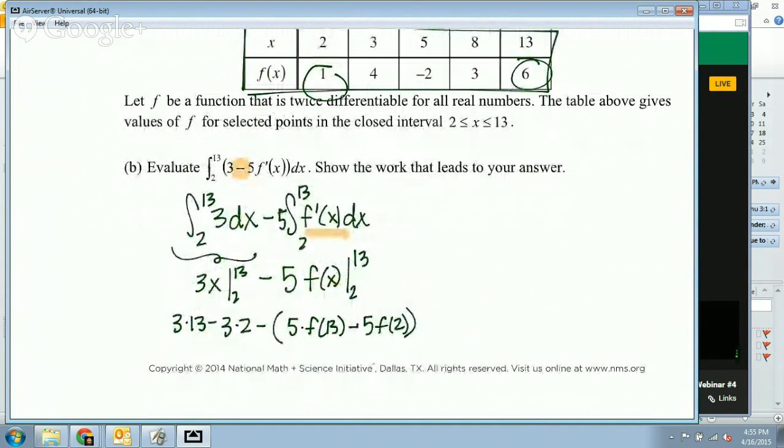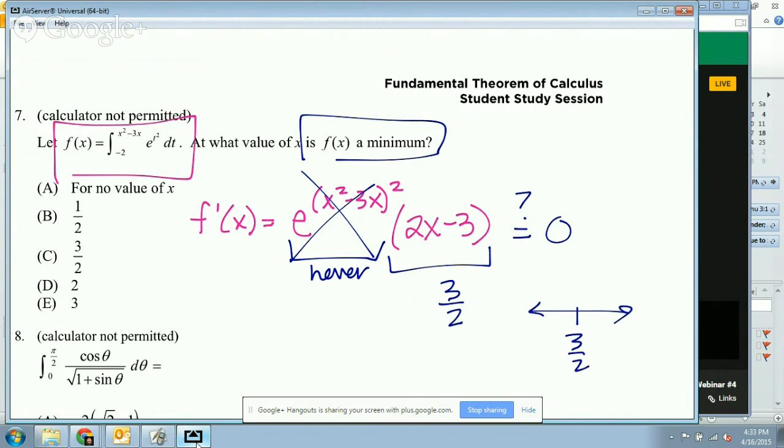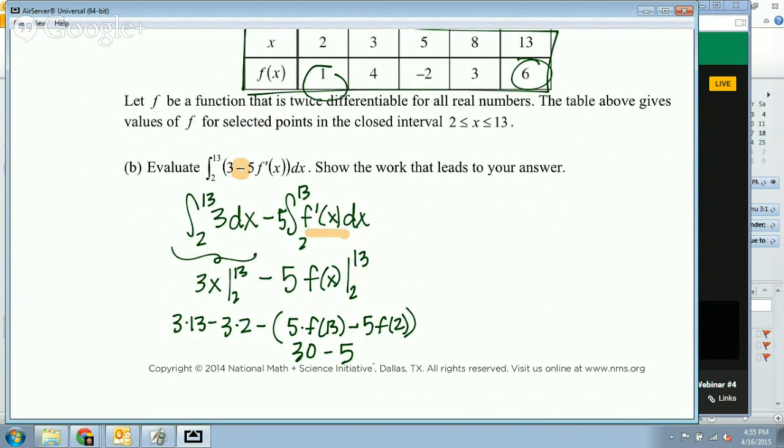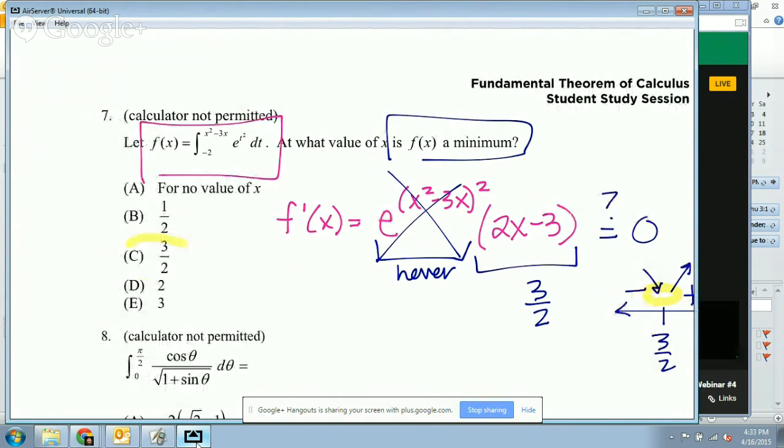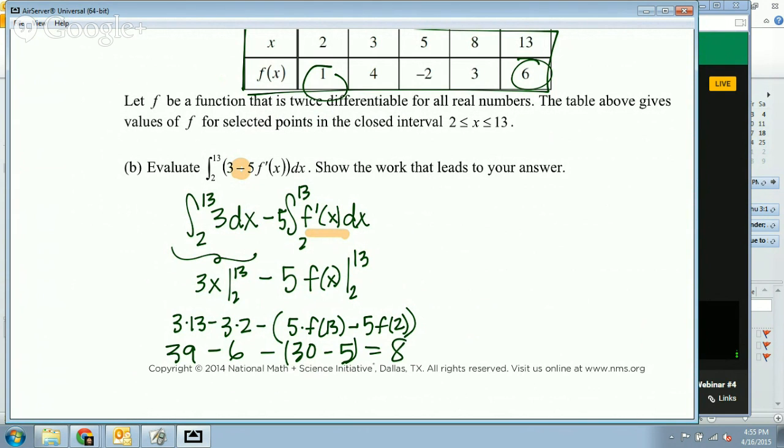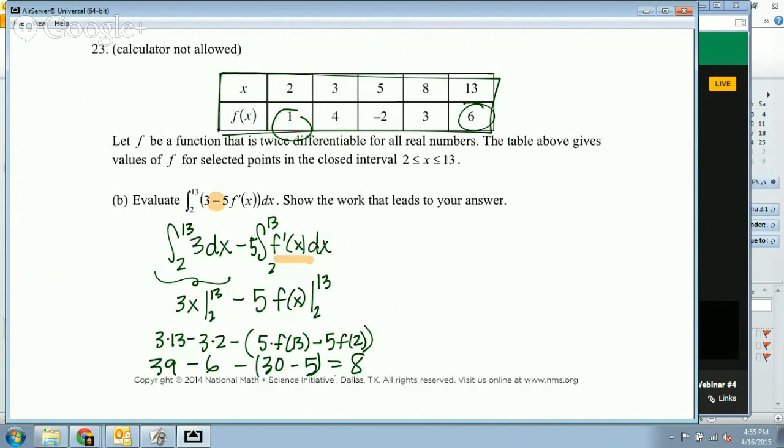So I've got 5 times 6, which is 30, positive. If I plug in 0, I'm going to get, okay. And I know that I have a minimum at, and you do get a value of 8.